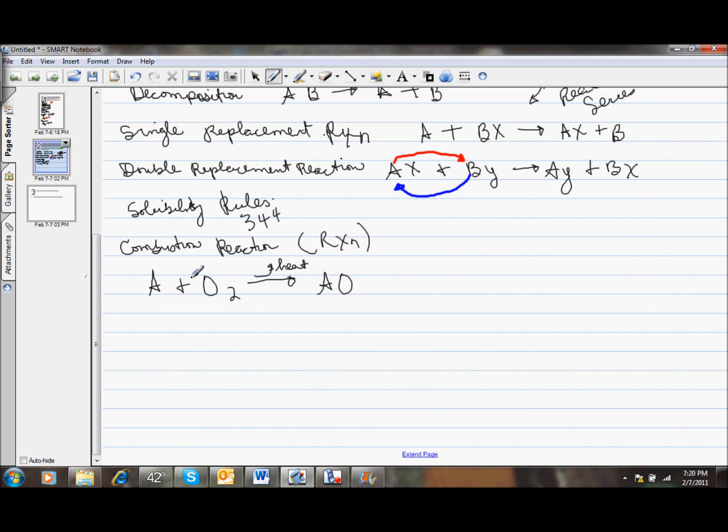And again, the formula is not as simple here, but it just depends. It could be carbon and oxygen, carbon dioxide, that will be CO2, but please again, refer to your notes for examples of each type of the reactions.